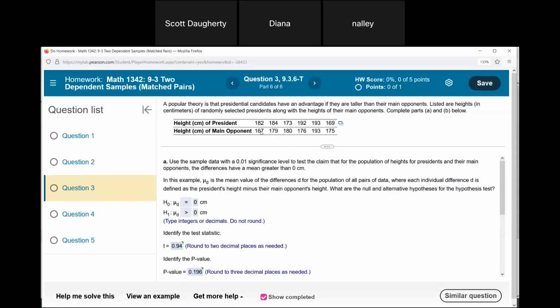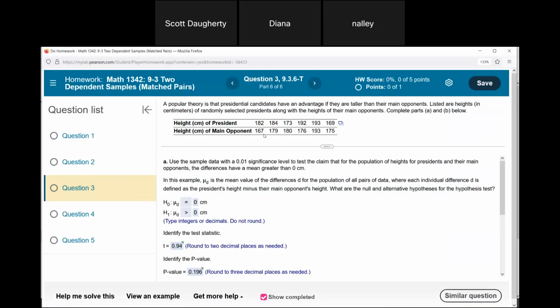So here we've got 6 different presidential elections. We're of course going to find the difference between these two numbers, just like we did in the population. So even though we have matched pairs, we're going to reduce this to 6 numbers, which are the differences between the president's height and their opponent's.